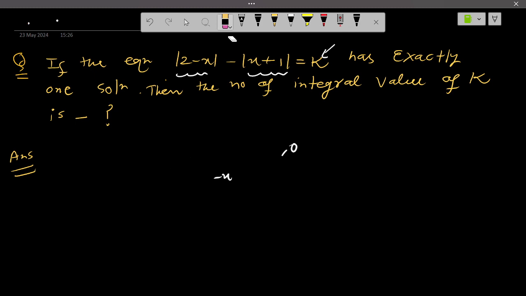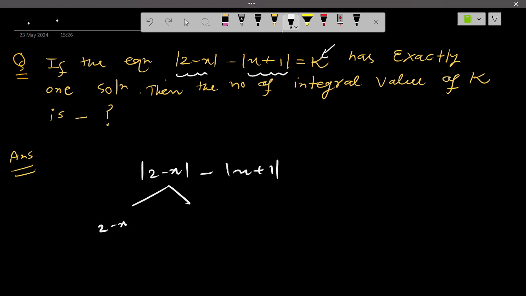Let me erase this one. So right now what we have is mod of 2 minus x, minus mod of x plus 1, equals k. K right now is not required, I think, because we have understood the meaning of this equals k from the graphical point of view. So if you look carefully, everyone, this one has two parts.